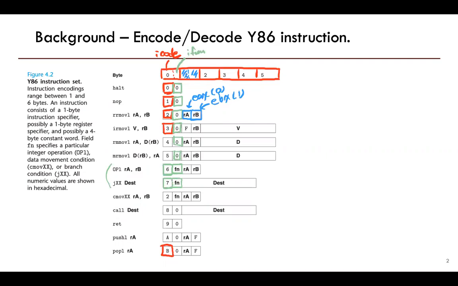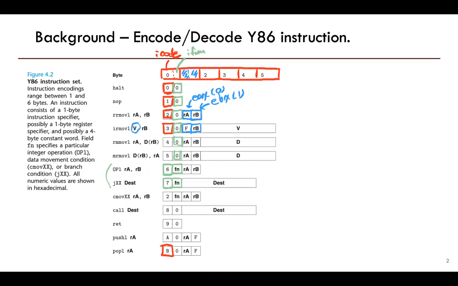Okay, then we understood the RR move instruction, and let's move on to the next instruction, the IR move instruction. It is similar, but the first box has F, not RA, and the second is the same, RB. So actually, the IR move instruction does not need RA. Instead, it needs an immediate value.